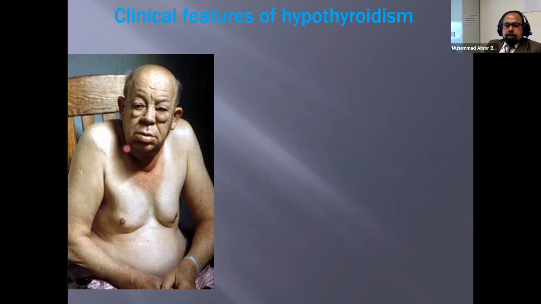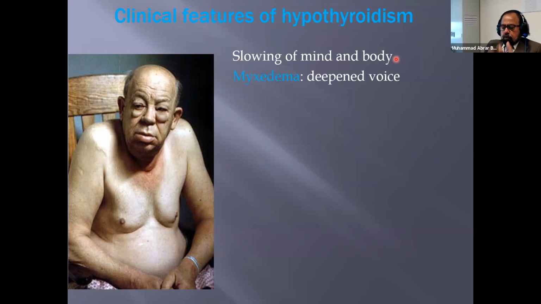These patients have slowing of the mind and body because of the low thyroid hormone. The mental level goes down, they become slow, and they sit as if confused. In myxedema, the subcutaneous tissue of the face is infiltrated by glycosaminoglycan, and sometimes it looks like a moon face.